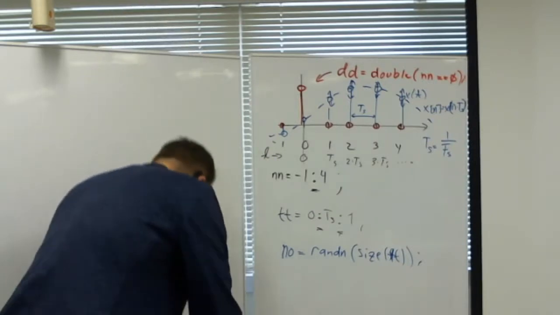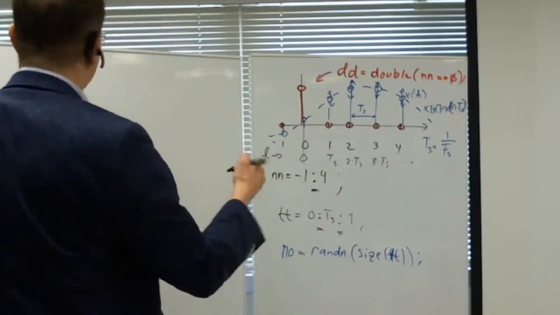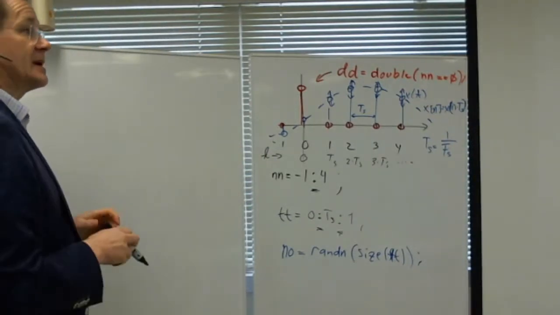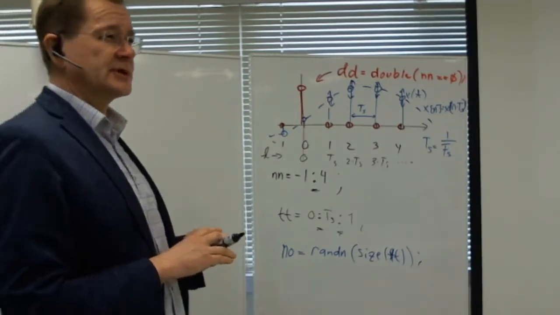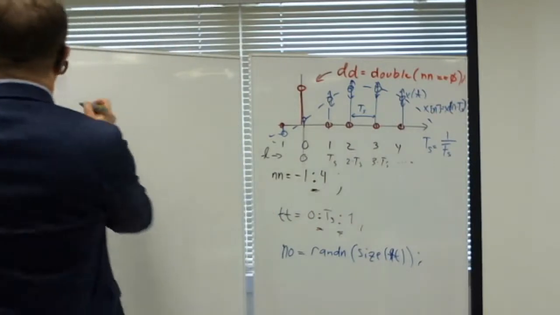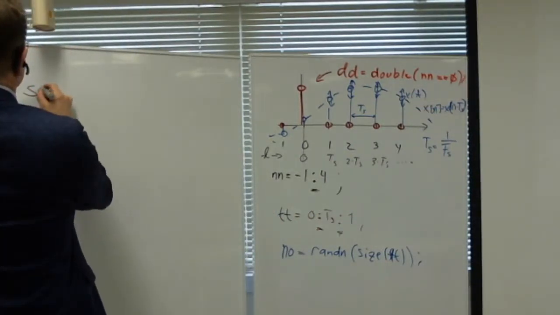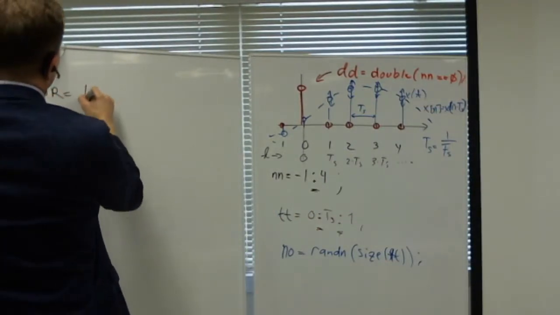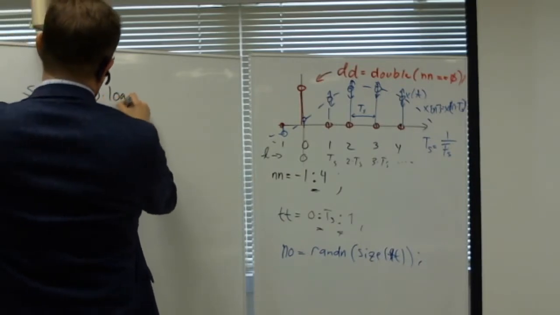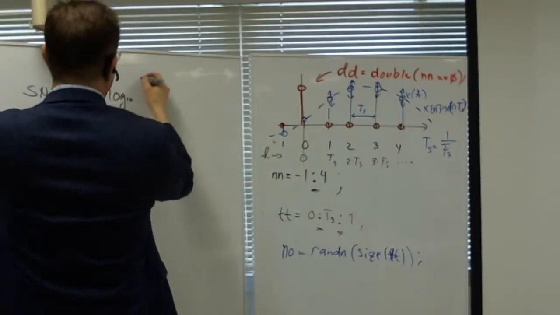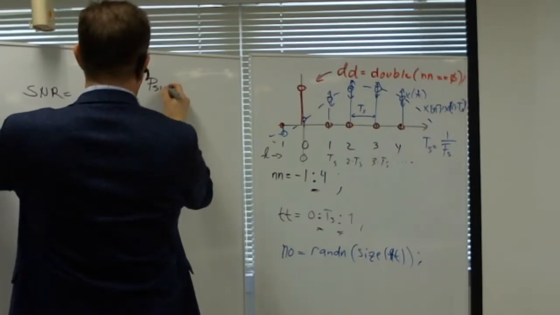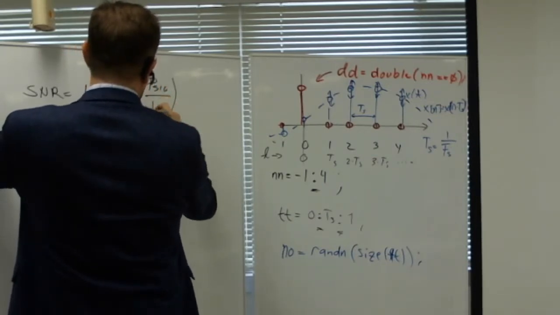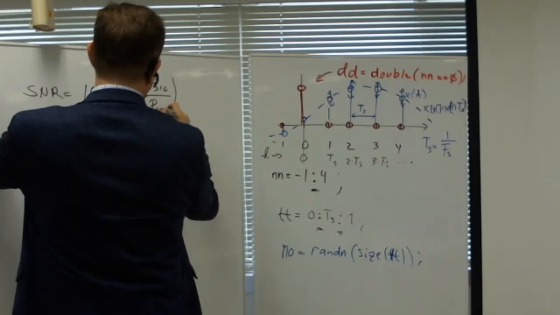I will also add here one small thing, which usually takes a while to figure out: the signal to noise ratio. The definition of signal to noise ratio is 10 times log base 10 of the power of signal divided by the power of noise.